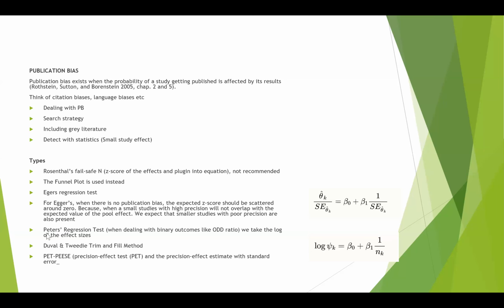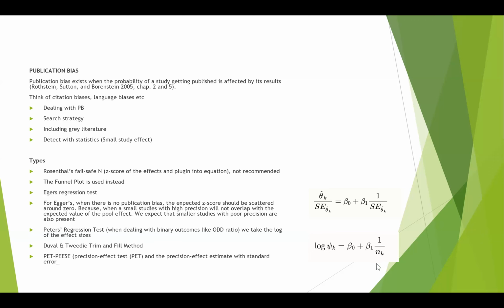It was developed by Peter and his colleagues, and they adjusted this Egger's regression for when you are dealing with binary outcomes like odds ratios. So instead of using the mean of the K, which is the pooled value of study K, we take a log of it to normalize it.